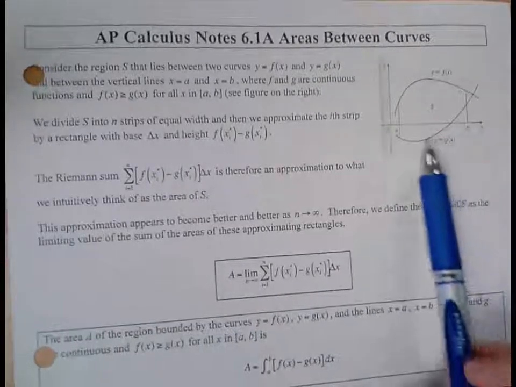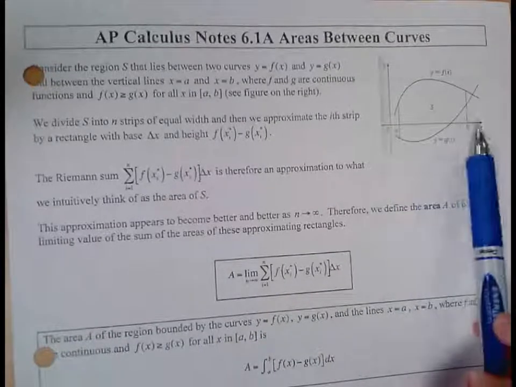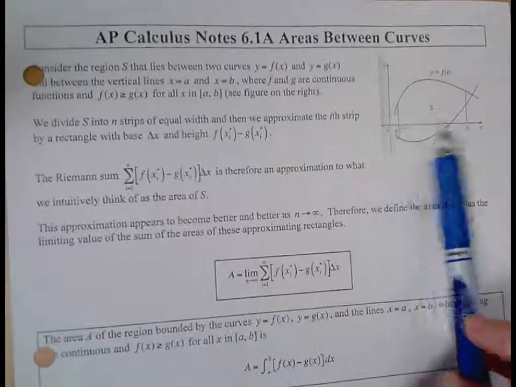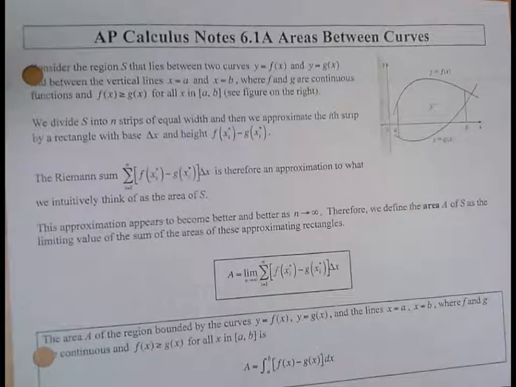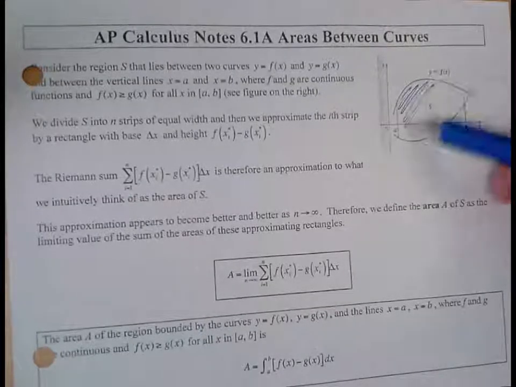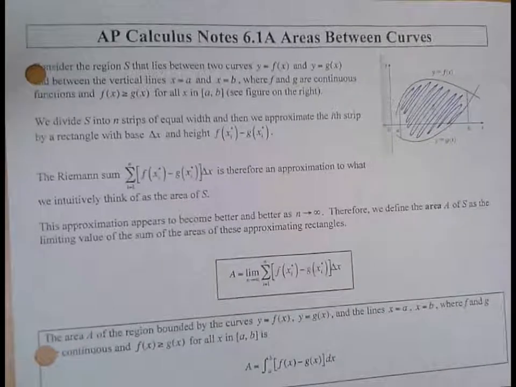And we're on the closed interval from a to b, so it's restricted by the vertical lines x equals a and x equals b. f and g are both continuous. In this respect, f is greater than or equal to g for all x in that closed interval. So the idea is we want to find the area of that region S.